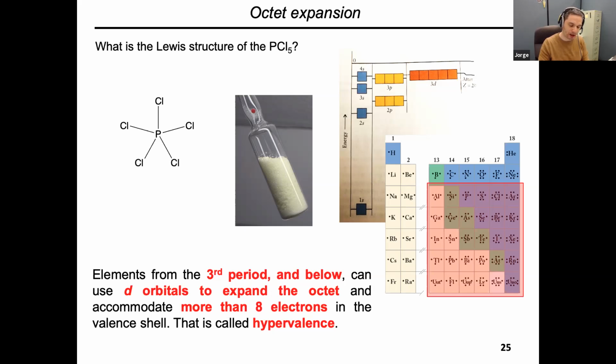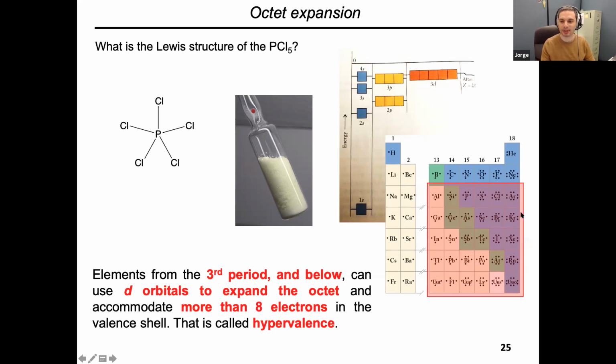And now it's a good point to introduce some exceptions to the octet rule. Some elements can expand the octet and accommodate more than 8 electrons in the valence shell.